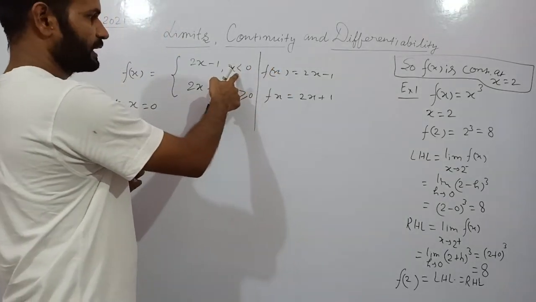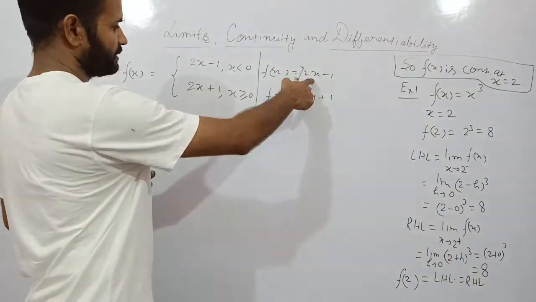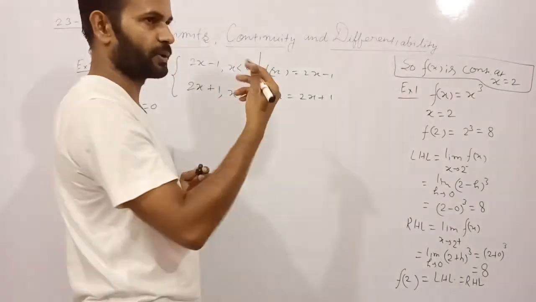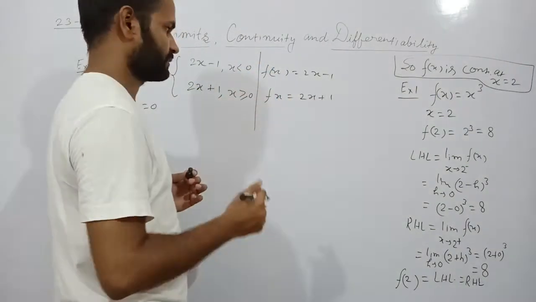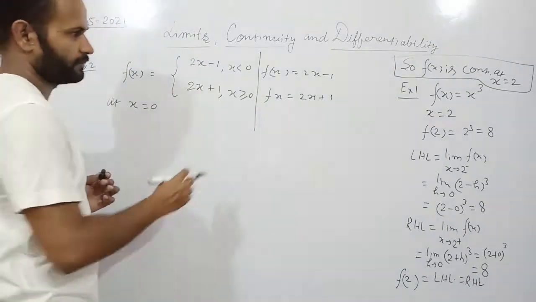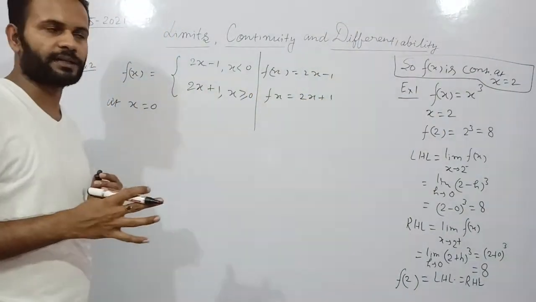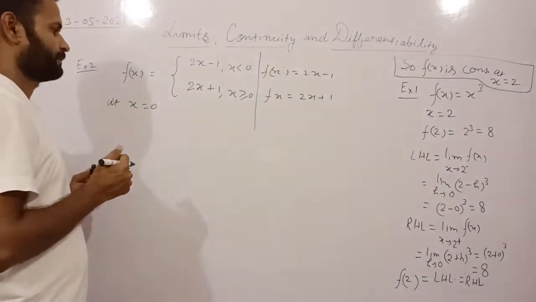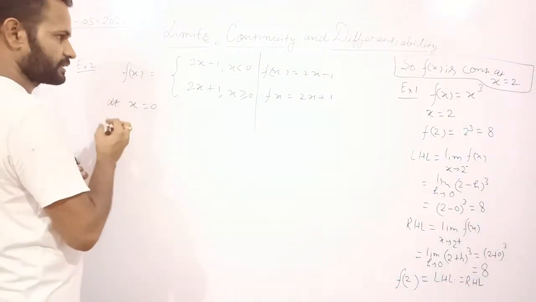Less than 0 means for the negative axis the graph will follow this expression. For x greater than 0, for positive values, it will follow this rule, 2x plus 1. So by applying this condition graphically, we can also find whether a function is continuous at a given value or not. So let us apply the continuity conditions.